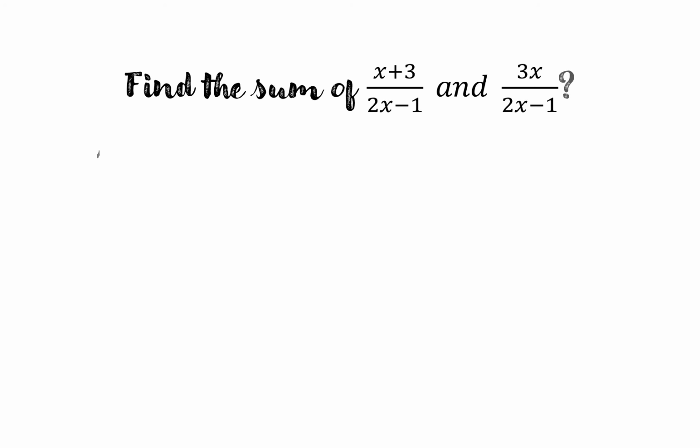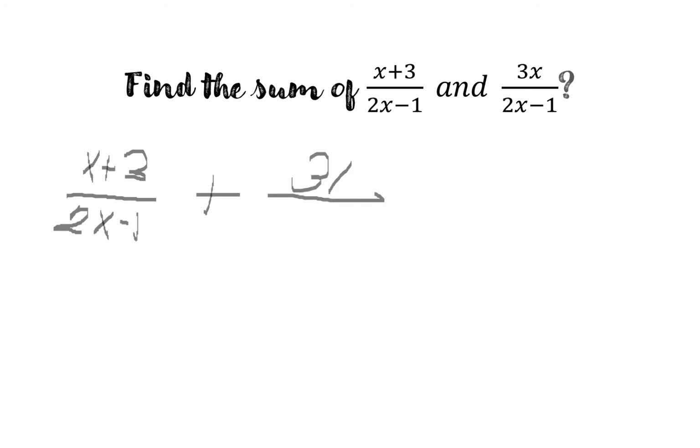So, our given, so we have x plus 3 over 2x minus 1 plus, okay, 3x over 2x minus 1. Okay, so sabi nga, add the numerator.